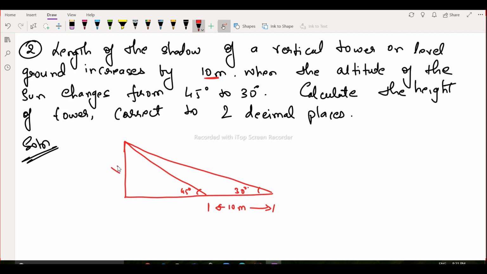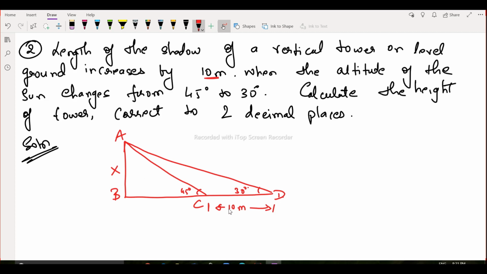That means this is the tower, so we need x. Let's say x is the height of the tower, and let's again name this. So we have A, B, C, and D. Whenever we have two triangles, we'll try and use both the triangles to find the answer.